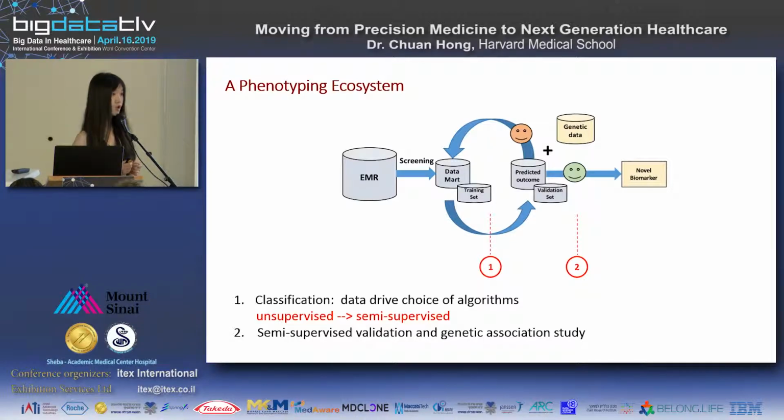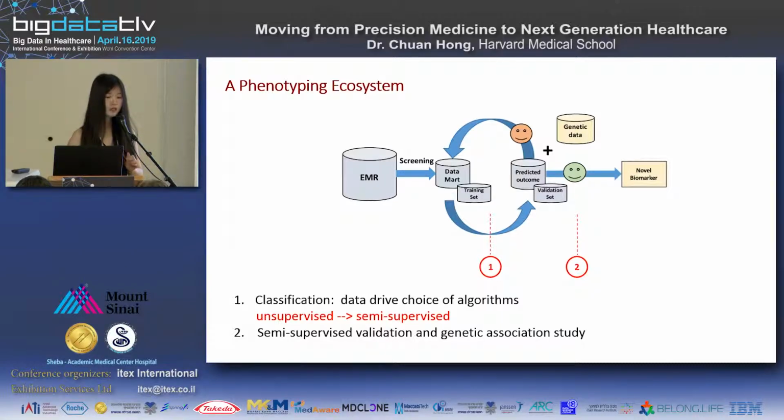First, we start from an unsupervised method without any labels, like clustering and some other algorithms, and then we go to validation. If we get a good validation result, then we can go to the next step. If the result is not good, we go back to the beginning and add some labels. Then we retrain our model.